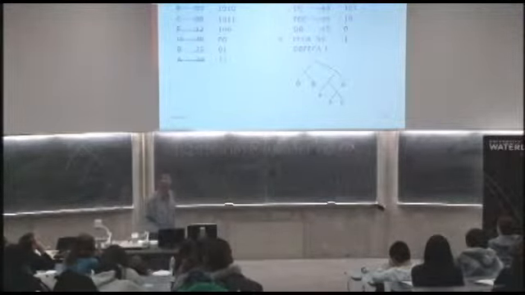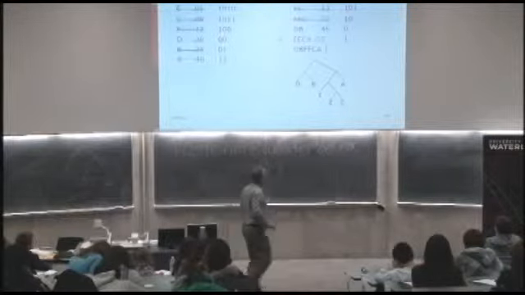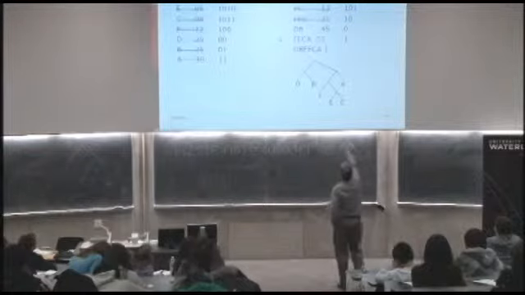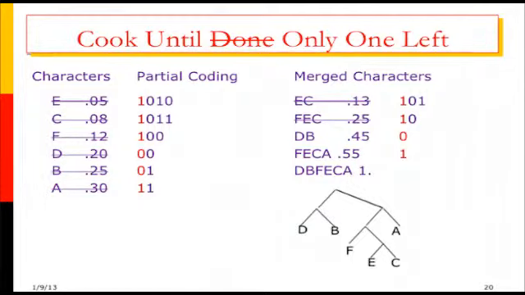I put them together, and the DB happens to have a lower probability, so I stuck it to the left arbitrarily, and I get this. And this diagram here indicates the code. So the probability of getting one of DB, FECA is probability 1. And you notice that the letters happen to be ordered in such a way that there are no obscene comments in the example. One must always check these things. Okay, so that would be fine.